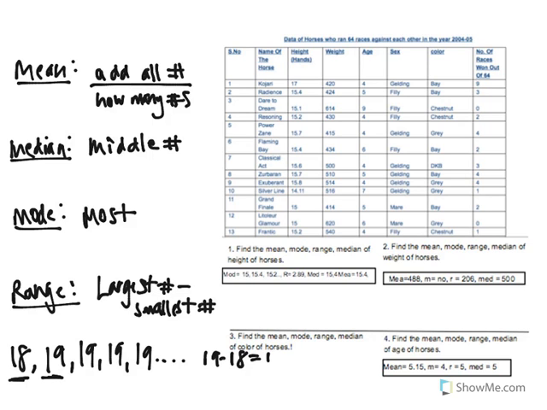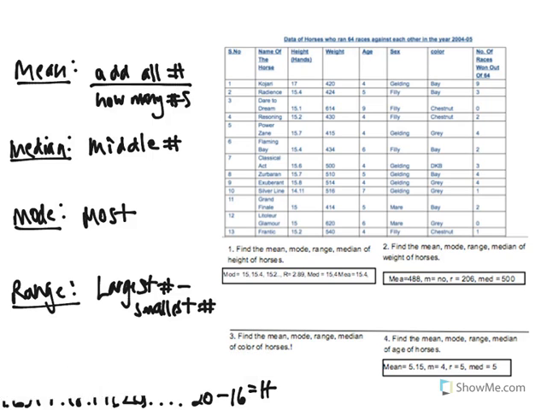Whereas, let's say we have another classroom where the youngest student is 16, I have a 17-year-old, an 18-year-old, a 19-year-old, a 20-year-old. The range of this data is now going to be 20 minus 16. I have 4 years between the youngest student and the oldest student. So that's a lot different than just having 1 year. That's why the range is important. It lets us know how far the data is spread from the largest to the smallest number.